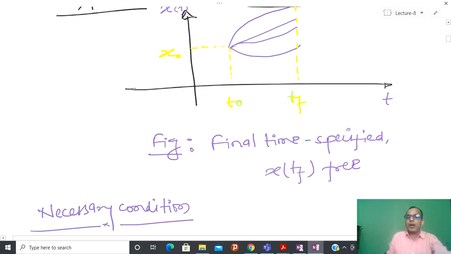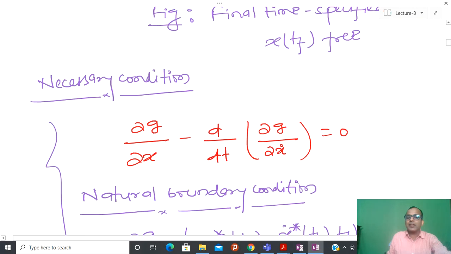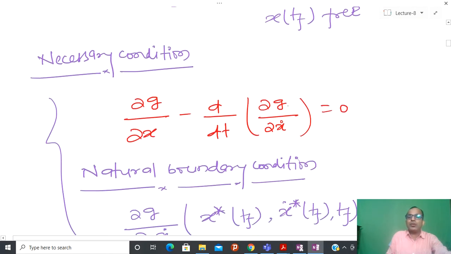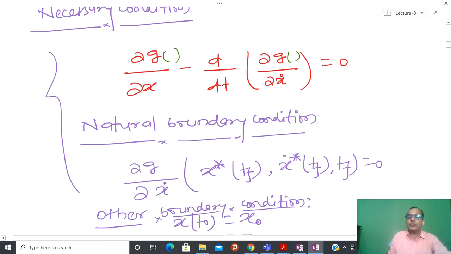What we found is that in addition to the Euler-Lagrange equation, which again is a function of x star, x dot star and t and equals 0, a natural boundary condition also comes into the picture.